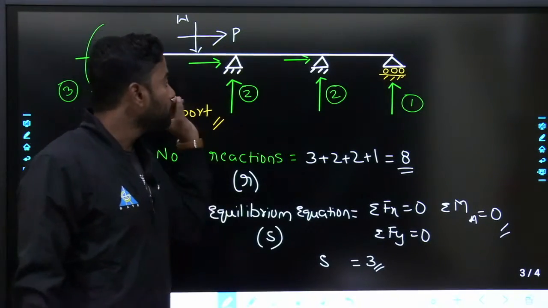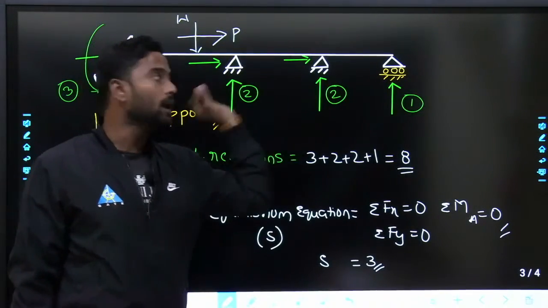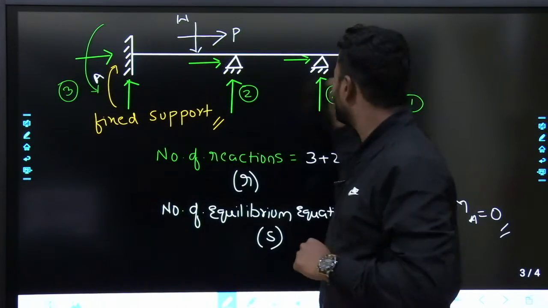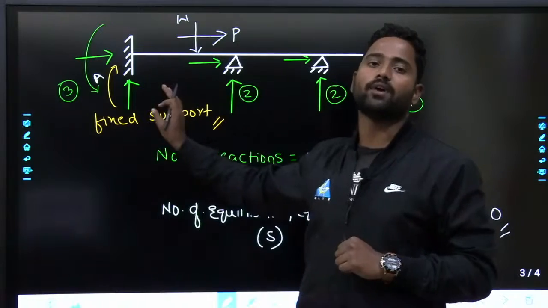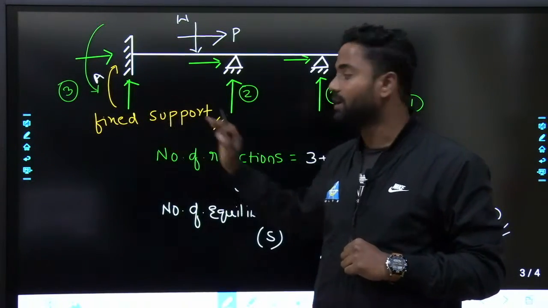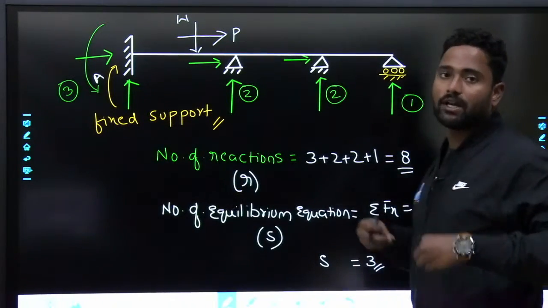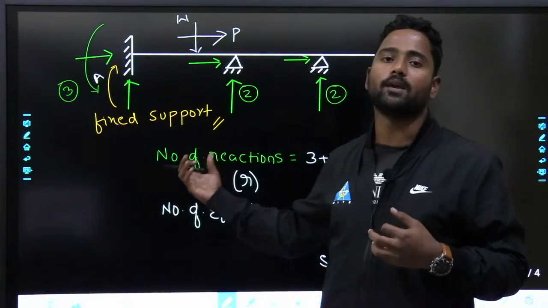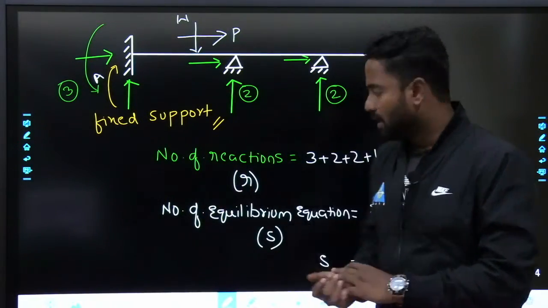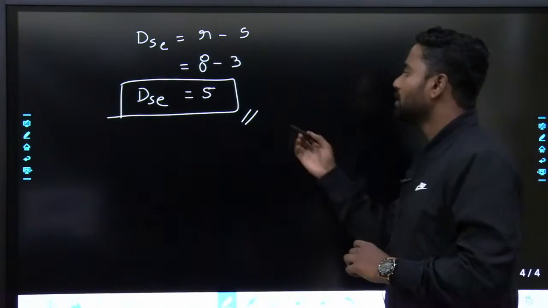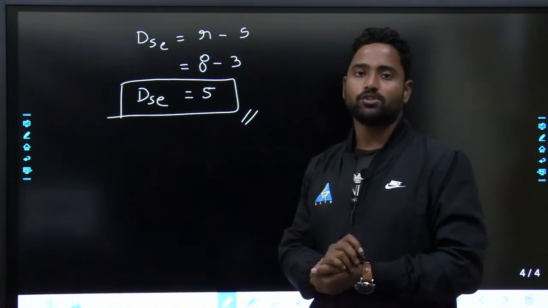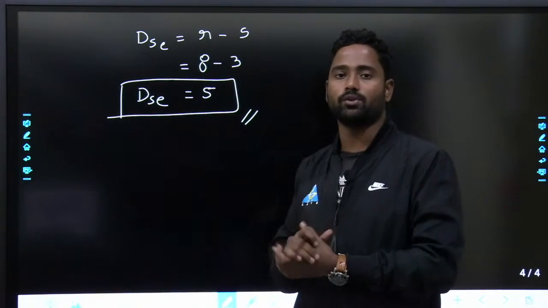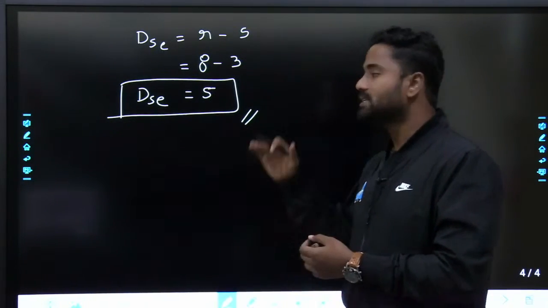These 3 or any 3 can be determined, the rest of the 5 you can't find out. So that is the meaning of it. External indeterminacy means the number of unknown reactions over and above the equilibrium equations. DSE here is 5, so 5 unknown reactions are there. I can't find out those 5 reactions. So that is indeterminacy.